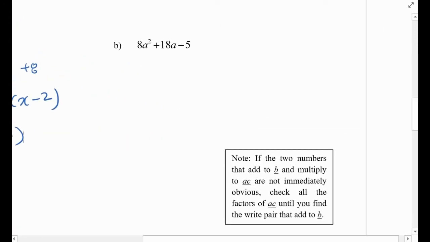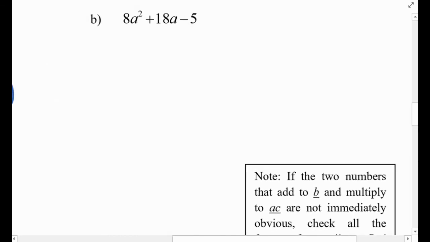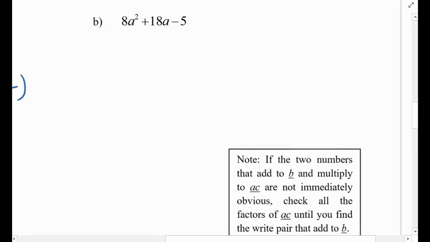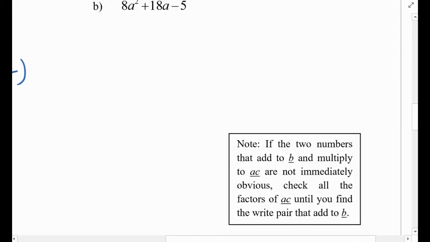Next, we're going to use the crisscross method to solve the problem. As I said, if you think this is too hard, just stick to the decomposition method.